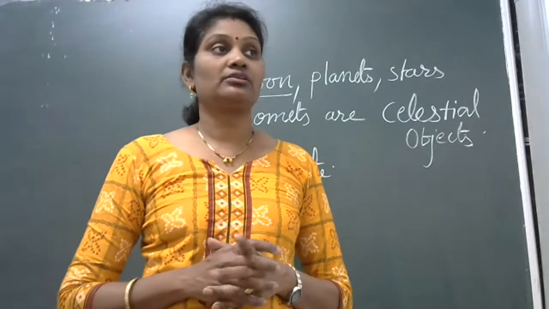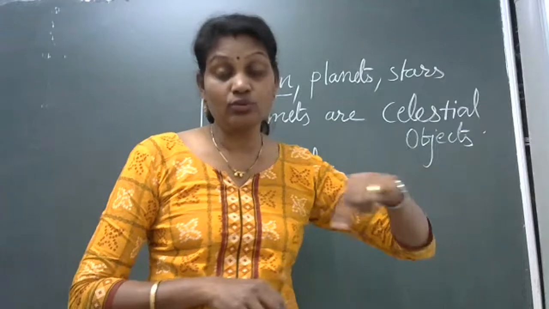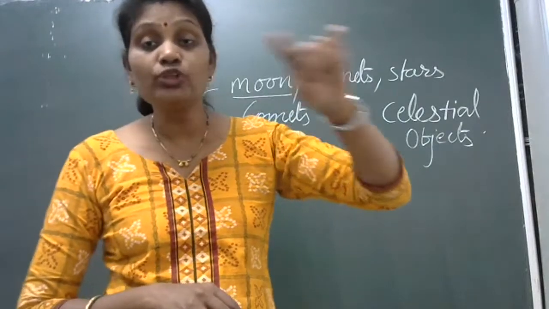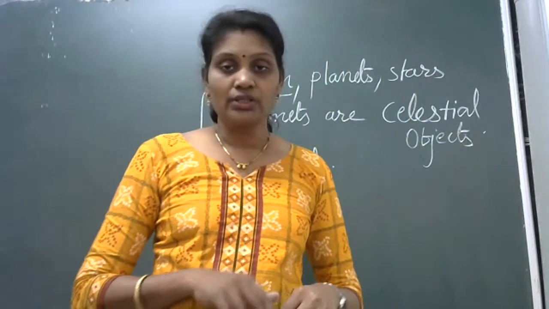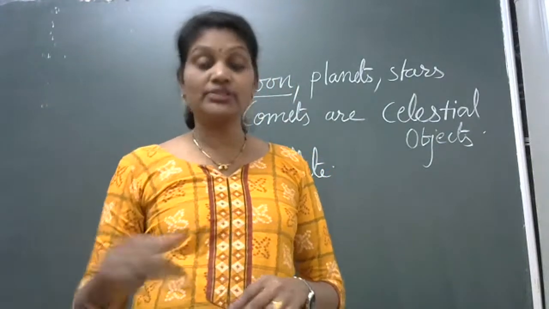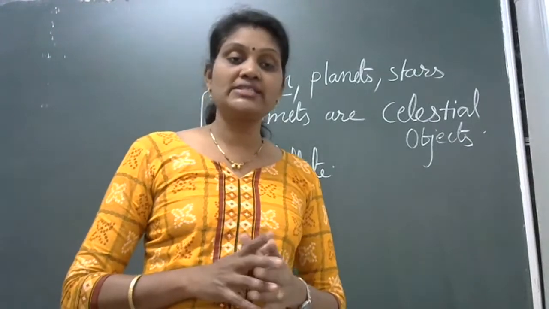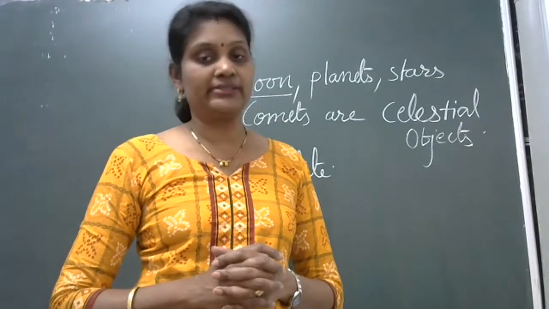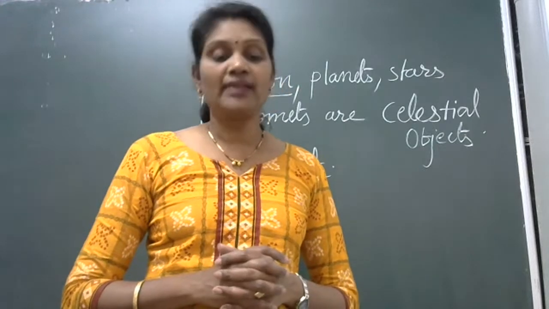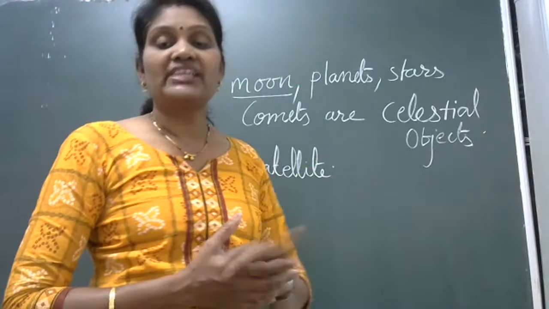Then they are revolving around the sun, but they are having their own path of revolution. जिस पाथ से वो जाते हैं वो चेंज नहीं करते हैं, it is remaining the same, and they are quite large in size. Now, so these are all the celestial bodies.